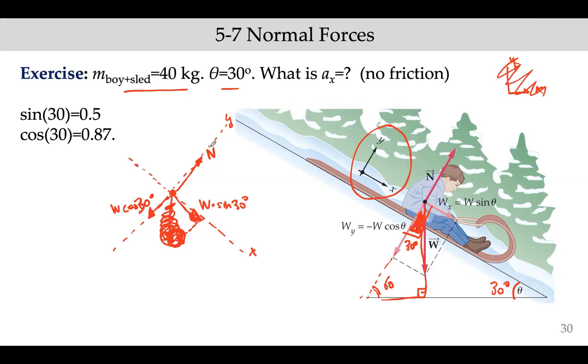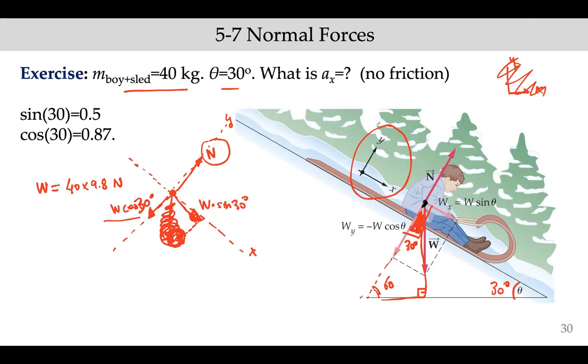So in the y direction, I have the normal force and the y component of the weight, which is weight times cosine 30 degrees. By the way, weight is 40 kilograms times 9.8 newtons. But I'm not really interested in the motion in y because the boy is moving in the x direction.